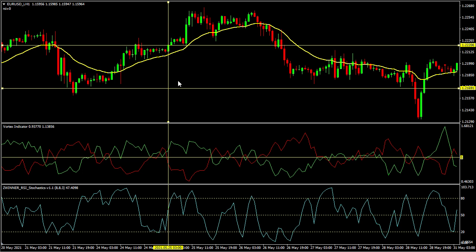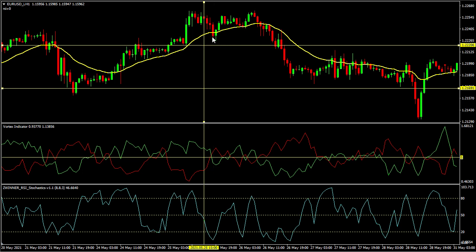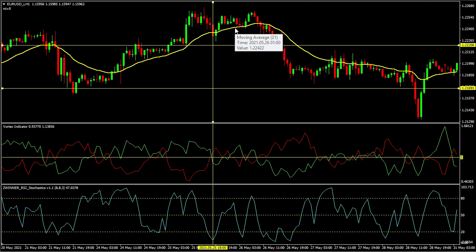Now the market goes up in your direction, up and up and up, and the maximum it goes to is about 46 pips in profit, and then starts going down, and as soon as it crosses the 21 period moving average, now you start getting worried.